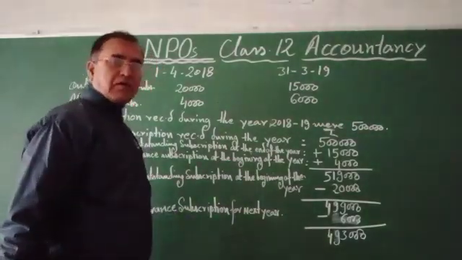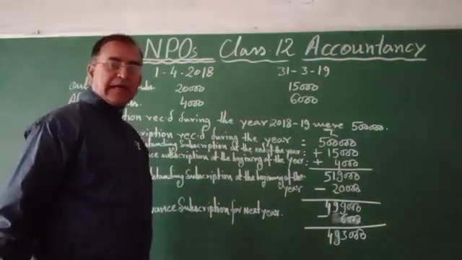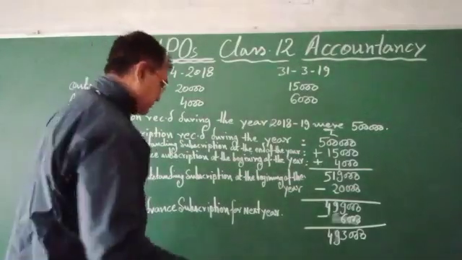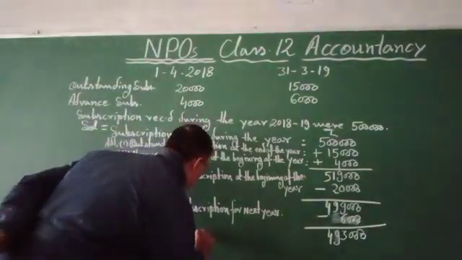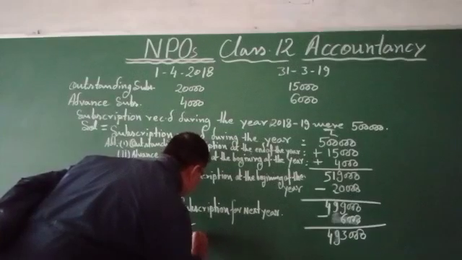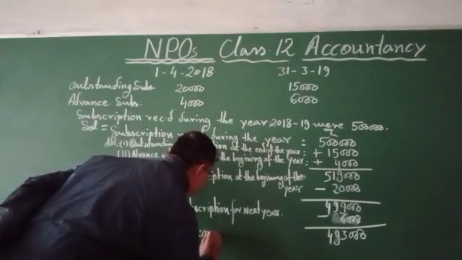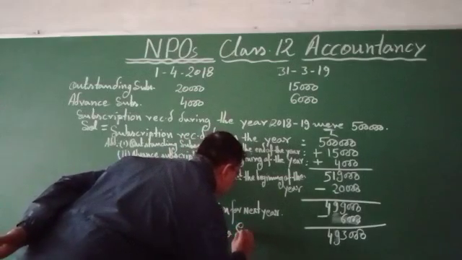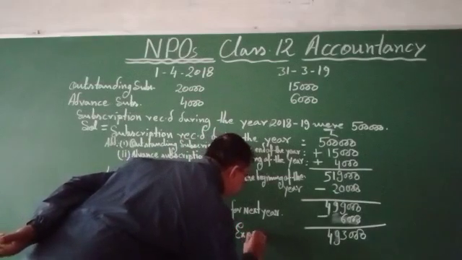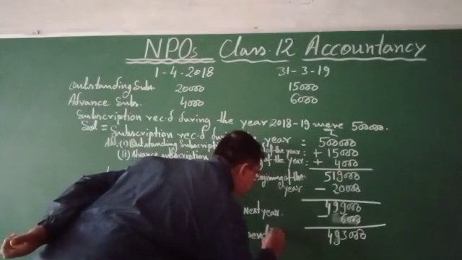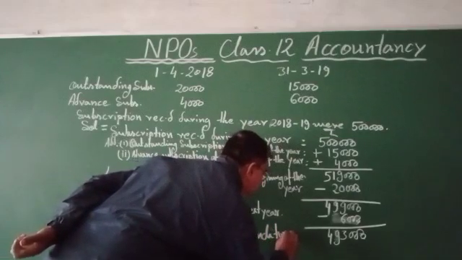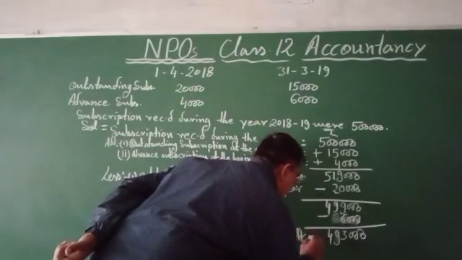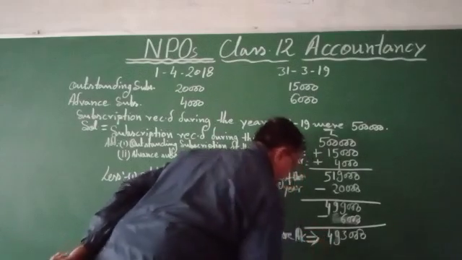That is the amount that will be credited to the income column of the income and expenditure account. That is the calculation of the subscription.